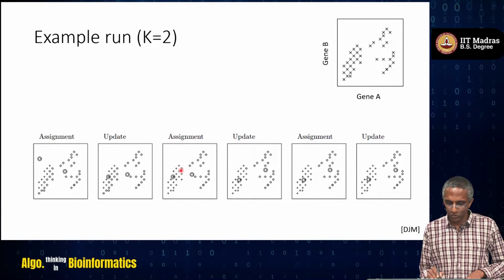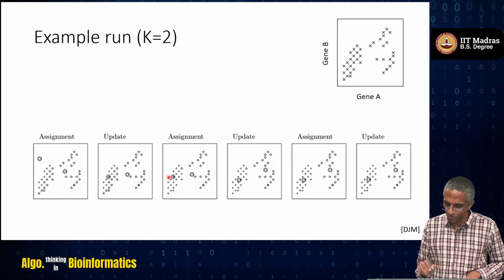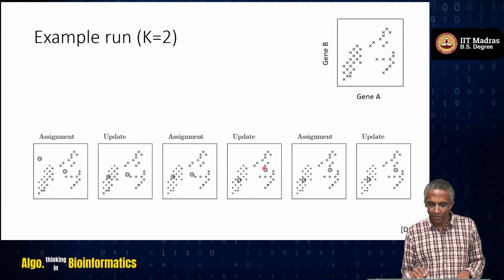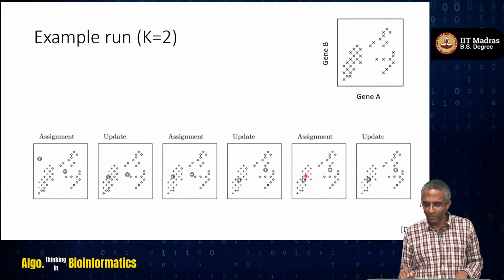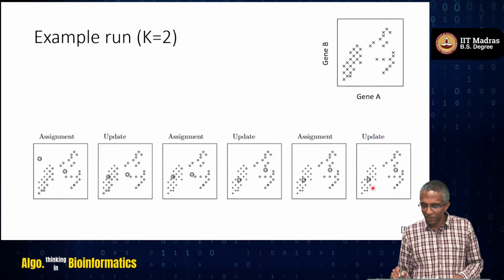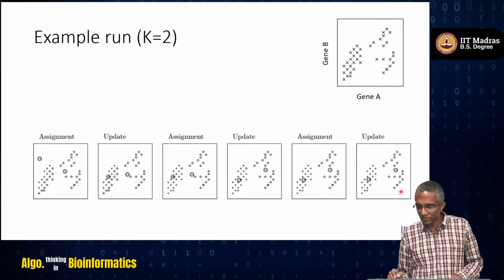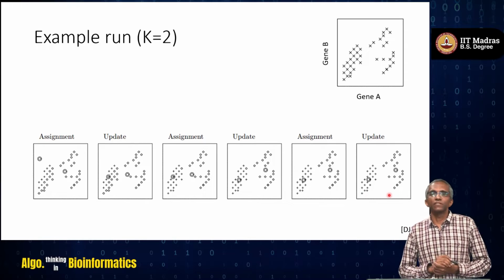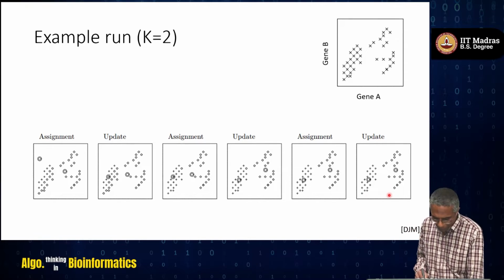There are some diamonds over here which are closer to this center than to that one, but that will get fixed in the subsequent update and assignment steps, and after that it stays frozen. Nothing else changes. The assignments and updates don't change anything. So you have this set of data points in the first cluster and this set of data points in the second cluster. Okay, so this is another example.